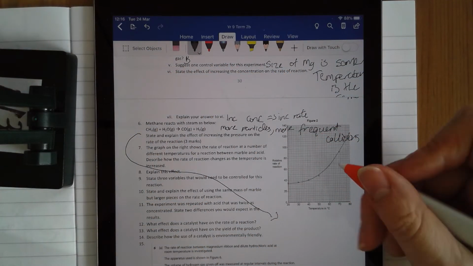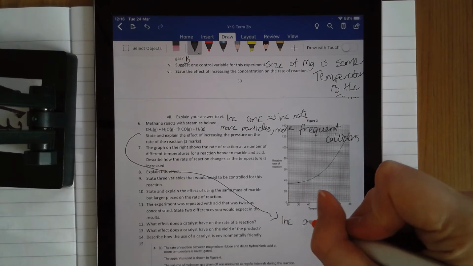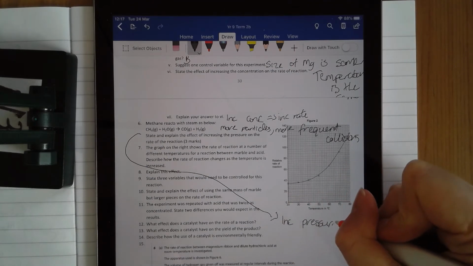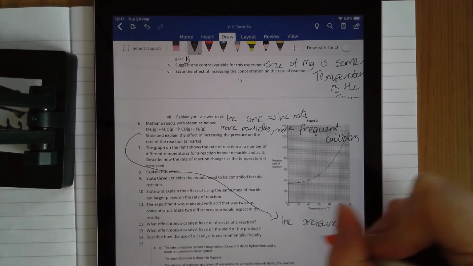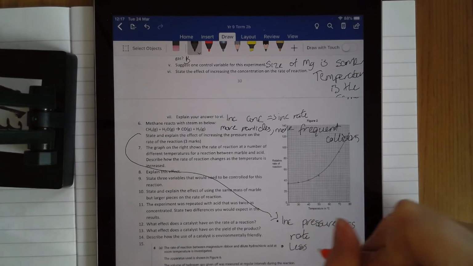To get your 3 marks, you're going to say increasing pressure increases the rate. Then you need to give a reason. You've got less space, so that gets you a mark, less space.